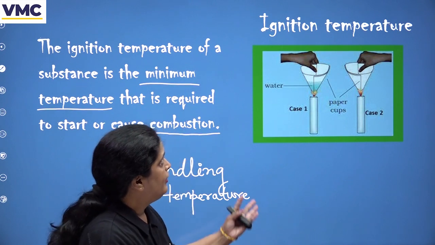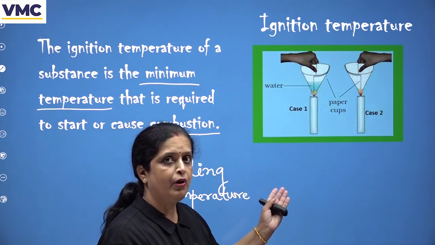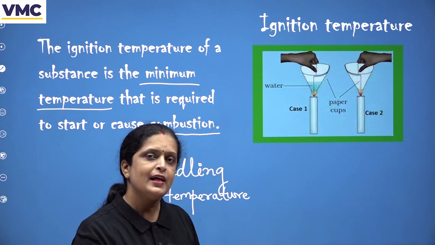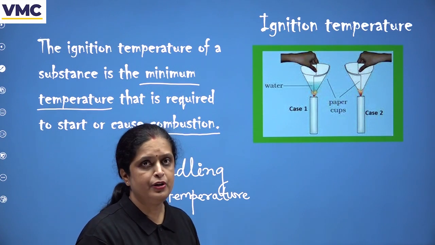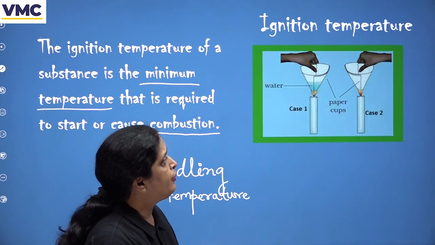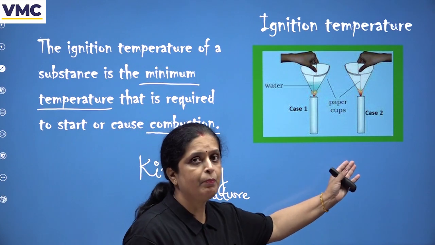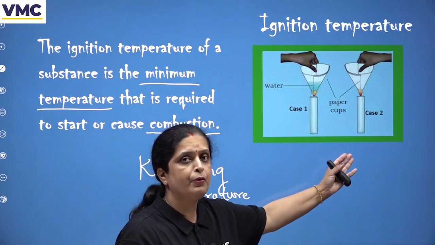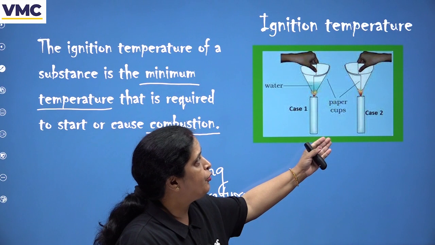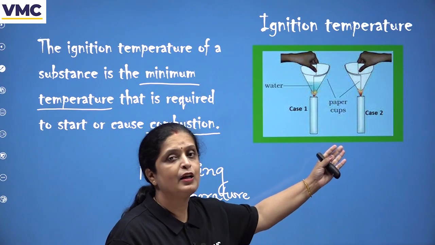Okay? Now there's a very simple experiment to understand how few things have lesser ignition temperature and other things have higher ignition temperature. If you take a filter paper and make a paper cup out of it, or you take a normal paper and you make a paper cup out of it, and you put it over the flame, the cup will start burning.